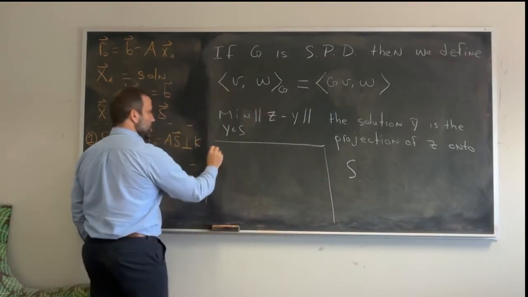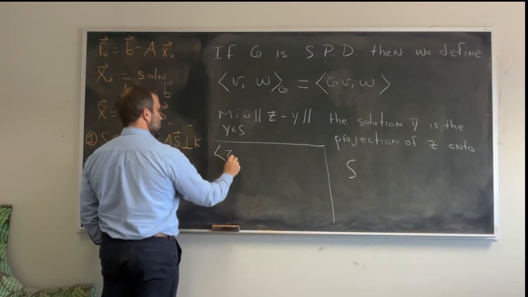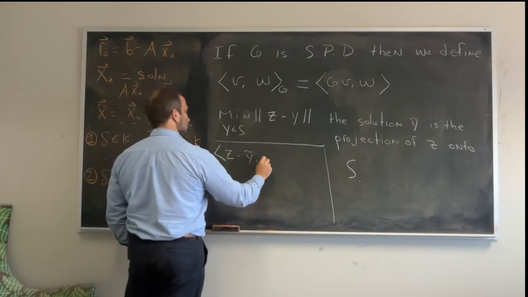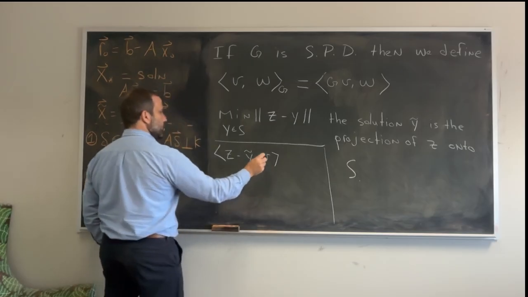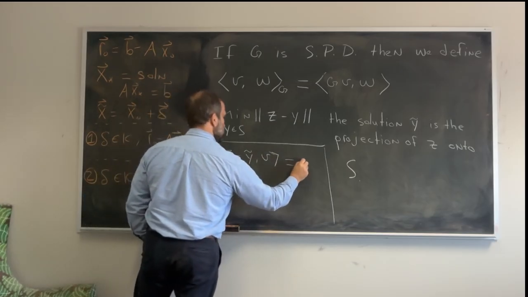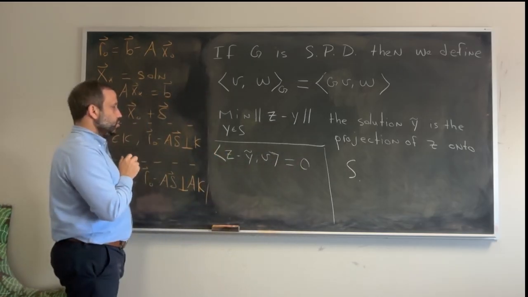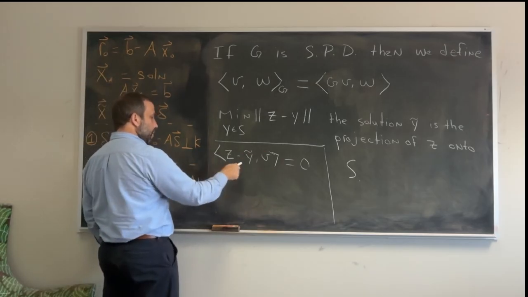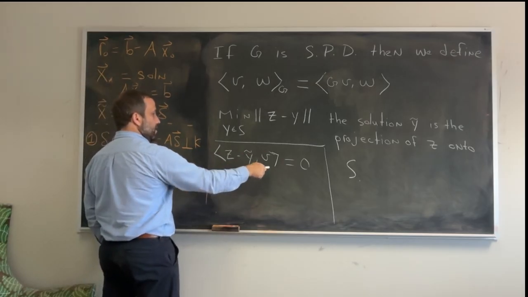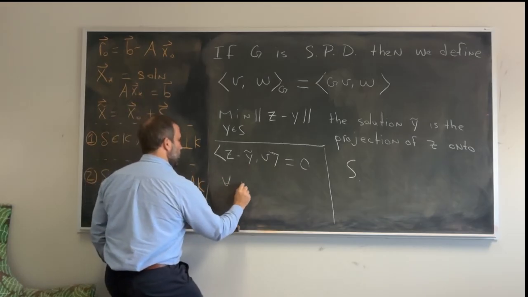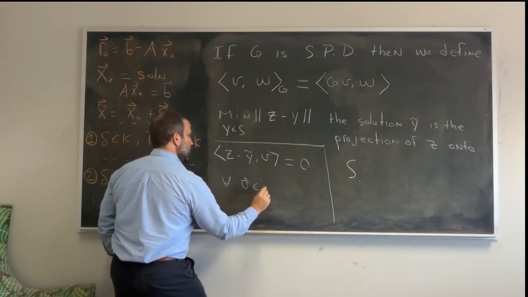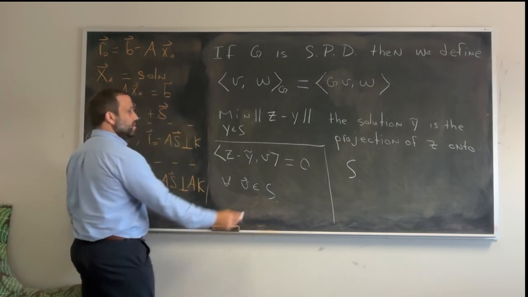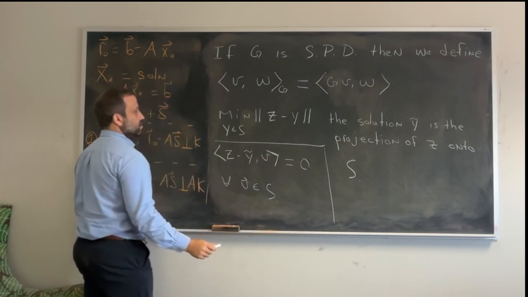So another way to say this is that the inner product of z minus y tilde and v is equal to 0 for all v in the subspace S. Okay, and this inner product here is not necessarily just the standard inner product.